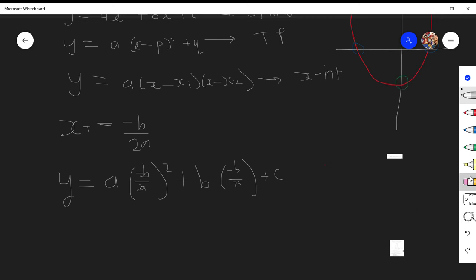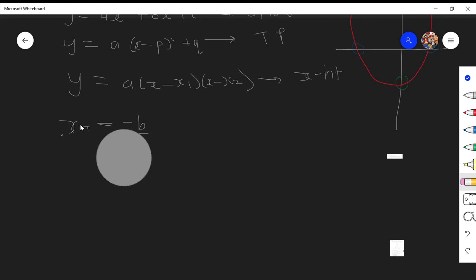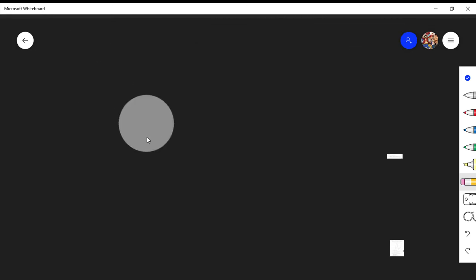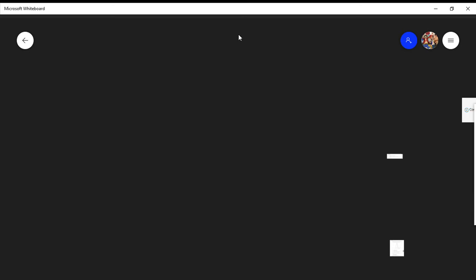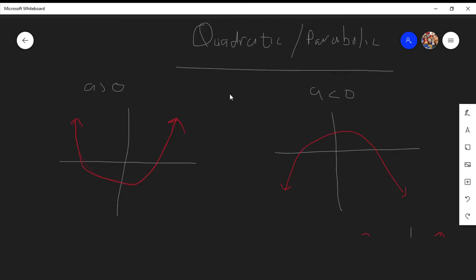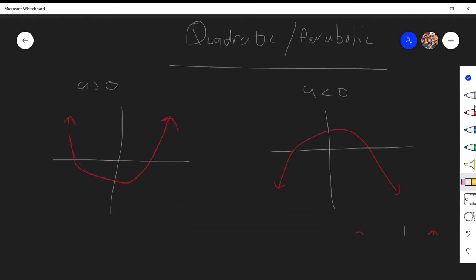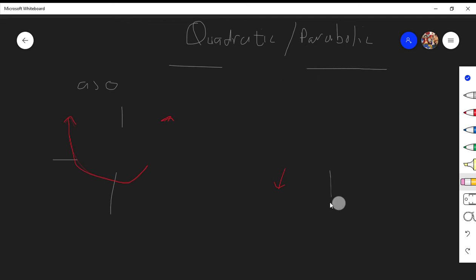Then when dealing with our domain and range for a quadratic or parabolic graph, let's first deal with domain.